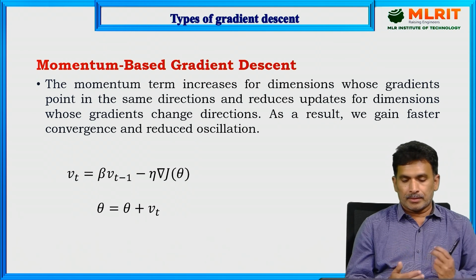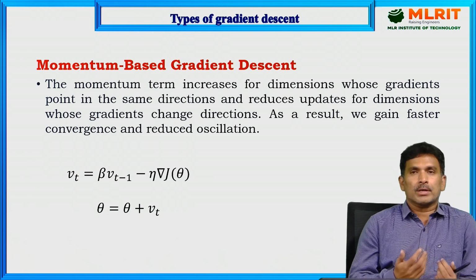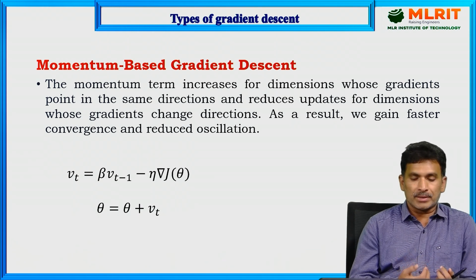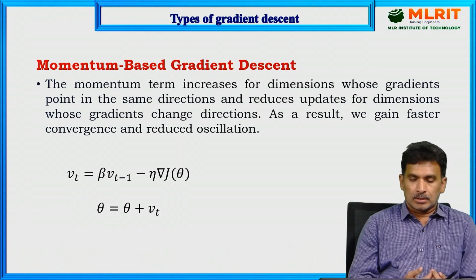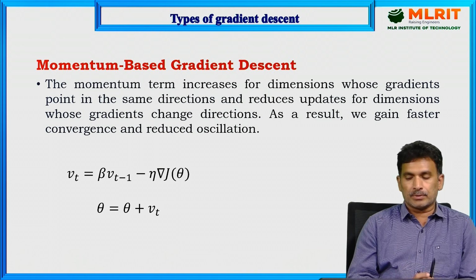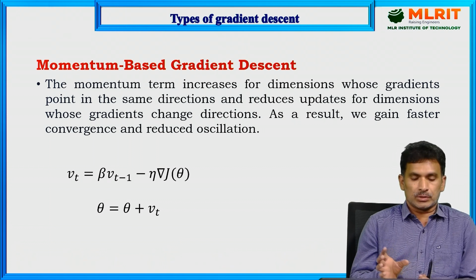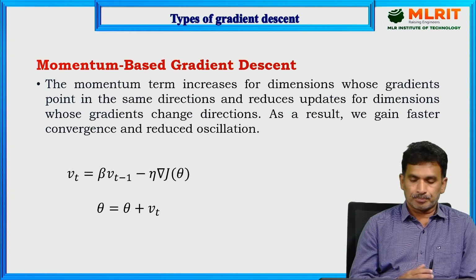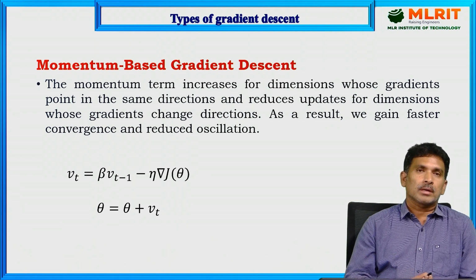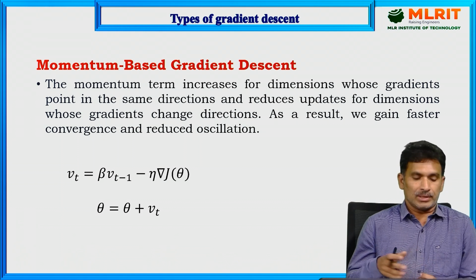So that is the momentum. We have to control the momentum. How does momentum based gradient descent control it? It increases for the dimensions whose gradients point in the same direction, and reduces updates for dimensions whose gradients change directions. As a result, we gain faster convergence and reduce the oscillations.